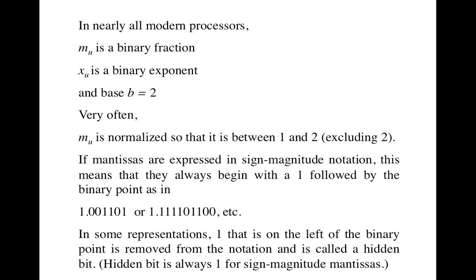And so what that really means is that if we assume that the mantissas are expressed in signed magnitude notation, then they will always begin with a 1, followed by the binary point, as in this situation here, or as in this situation here. So the radix point is really placed between the most significant bit of the mantissa and the next most significant bit of it, the same way over here.